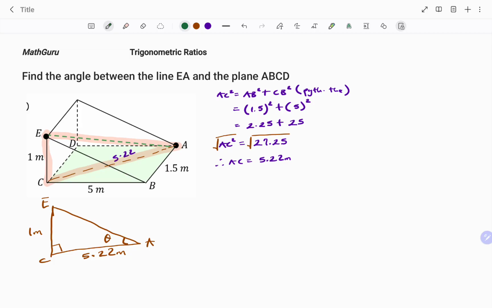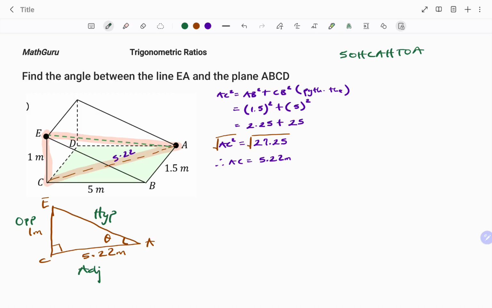If I label the sides of my right angle triangle, the side facing the angle is my opposite. The longest side, or the side facing my right angle, will be my hypotenuse. And the last side is my adjacent. So I have my SOHCAHTOA, the acronym to remember the trig ratios.